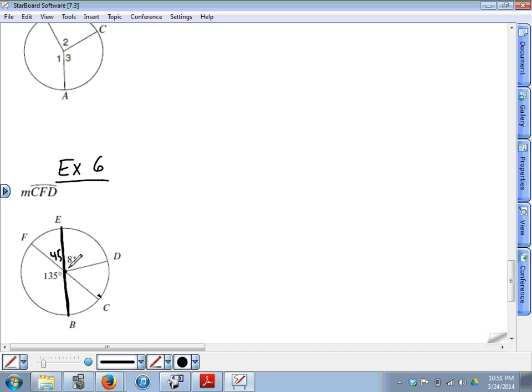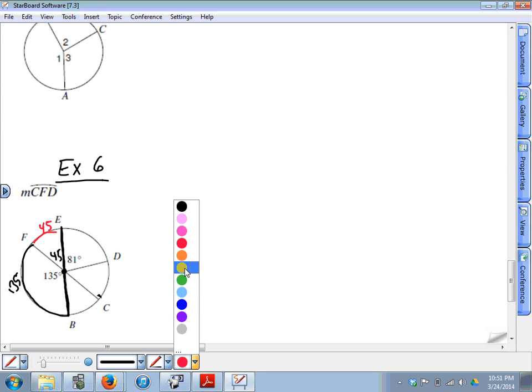Now these are all central angles because the vertices of all these angles are at the center of the circle. So if the angle is 135, that means that this arc from here to here is 135. That means that this arc from here to here is 45.